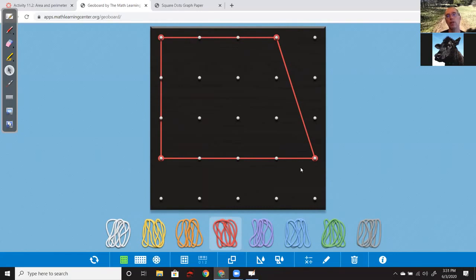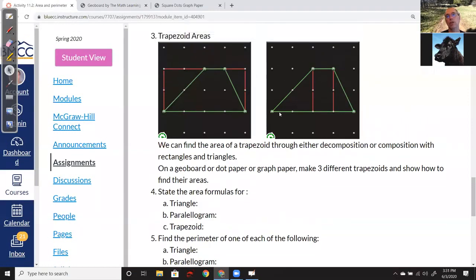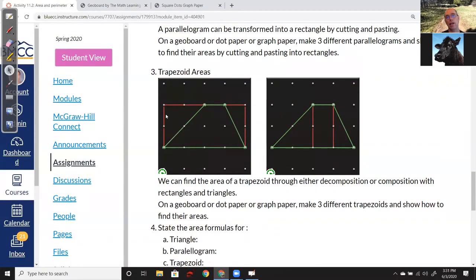And so to find this area, I either have to compose a rectangle around it or turn it into rectangles and right triangles. And so if you look back here for this one right here, I composed a red rectangle around here, which basically adds these 2 right triangles. So we could find the area of the rectangle and then cut this upper left and upper right triangle off.